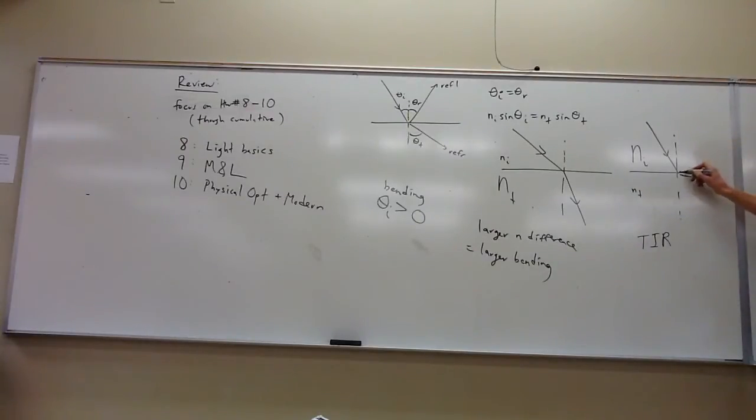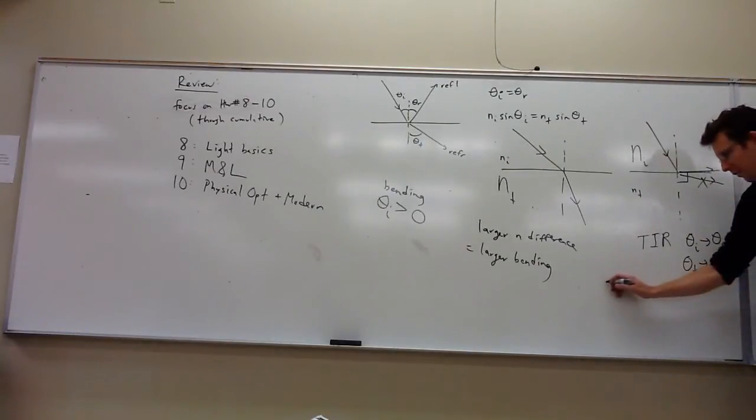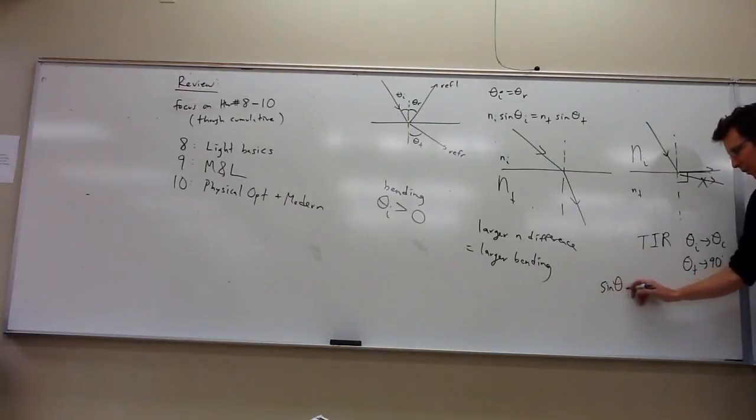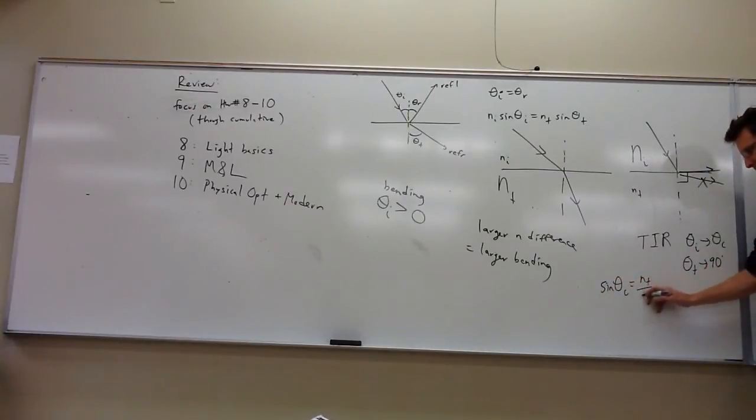So you can bend like this, and basically that angle is 90. So when the incident angle is the critical angle, then the transmitted angle goes to 90, which really means that it didn't actually enter that second material. So that fact allowed us to solve for an angle, the formula for the critical angle.